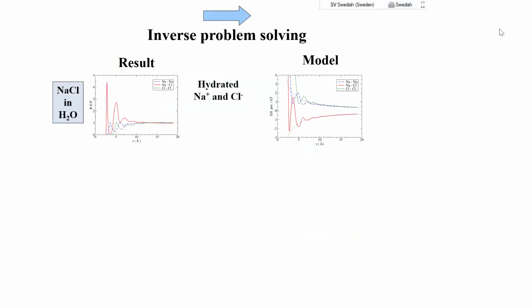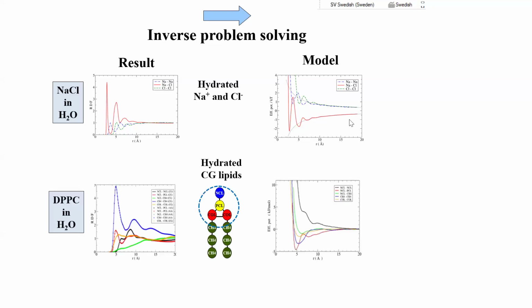And here you can see an example. There are sodium and chloride ions in the water. So on the left there are the results, which are radial distribution functions, and on the right there is the model. So using the model, we can calculate exactly back the radial distribution functions on the left. But this is not the point, to do the full circle.